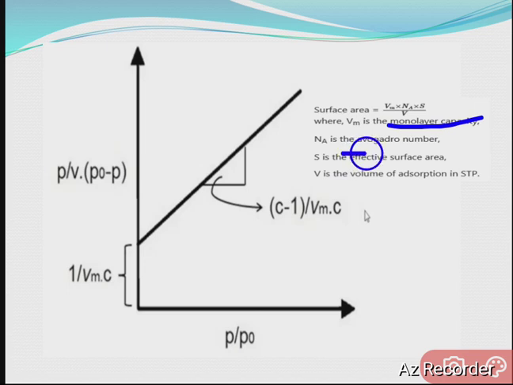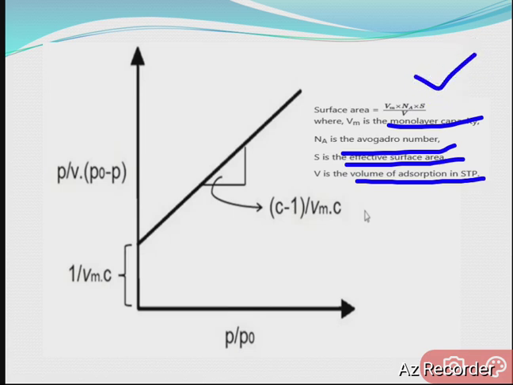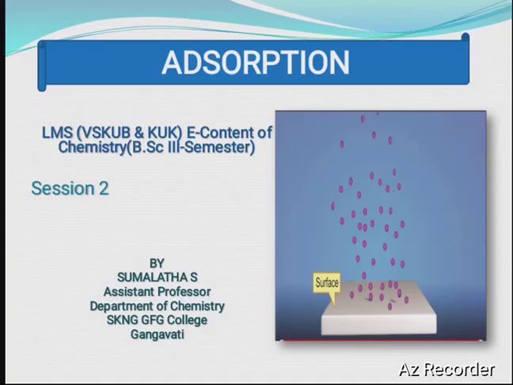Na is the Avogadro number and S is the effective surface area available for the monolayer formation, and V is the total volume of the gas adsorbed on the adsorbent at STP, standard temperature and pressure. By substituting these values we can know the surface area of the adsorbent molecule.